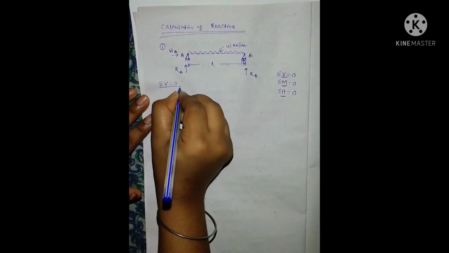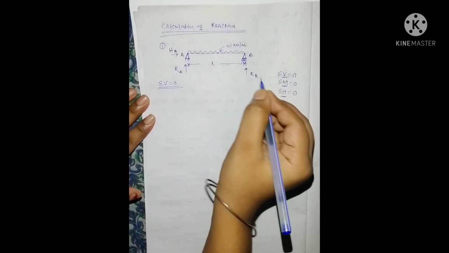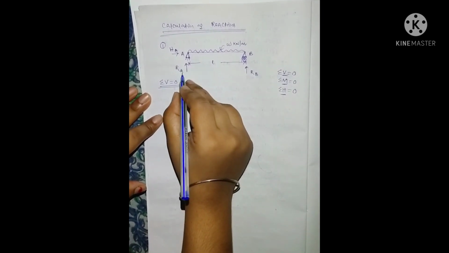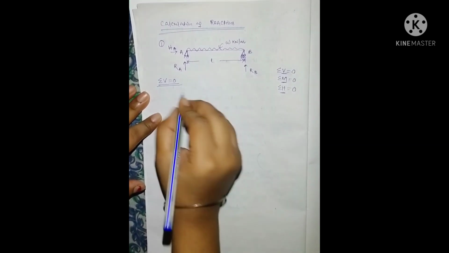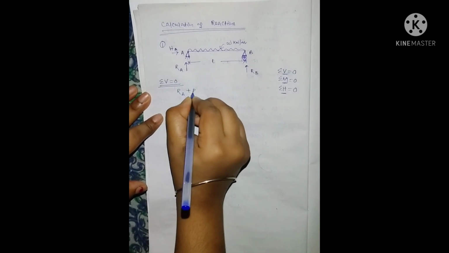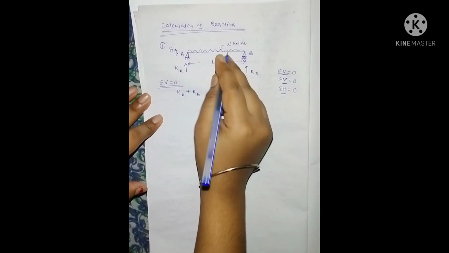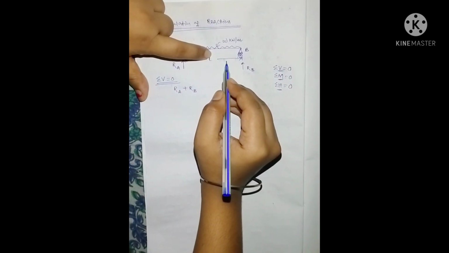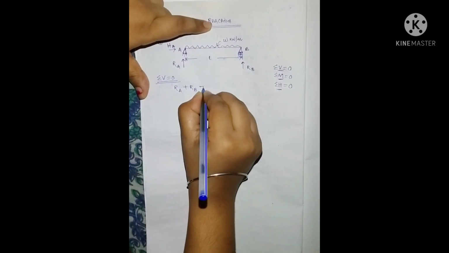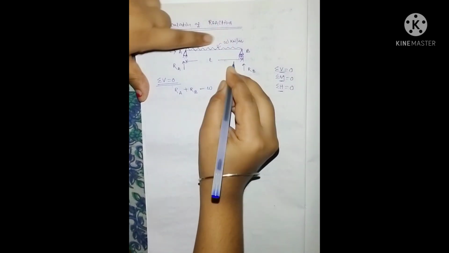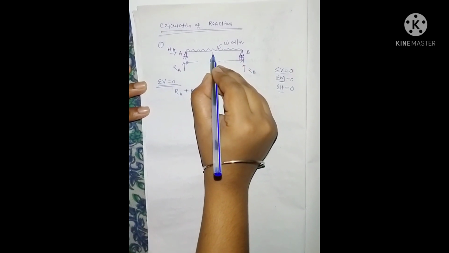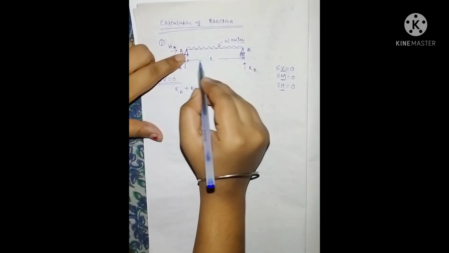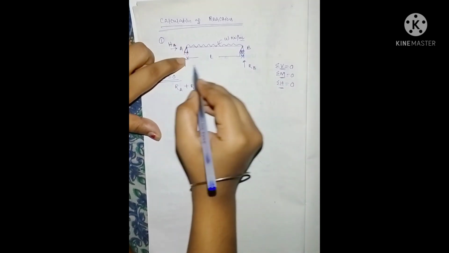First, summation of V equal to 0, that is the sum of all the vertical forces is equal to 0. Here the upward vertical forces are Ra and Rb, so we take them positive. So Ra plus Rb. And as we learned earlier, a force acting in the downward direction we take negative, so minus W. Here it is a uniformly distributed load, so the load acts in kilonewton per meter, that is, per meter run.